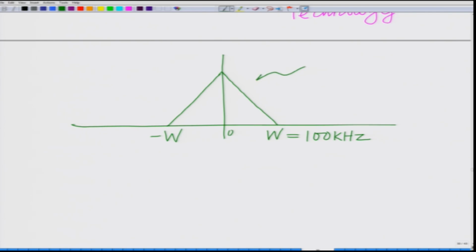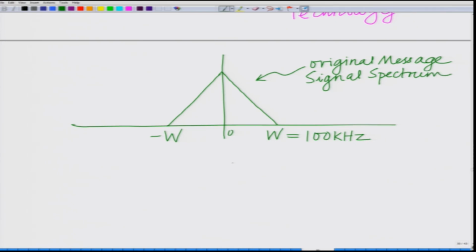So, this is the original message spectrum, the original message signal spectrum.